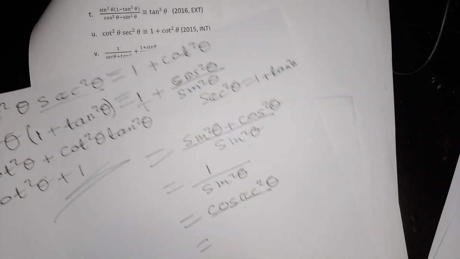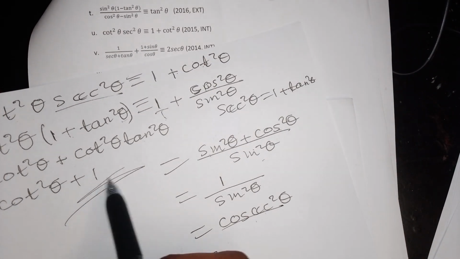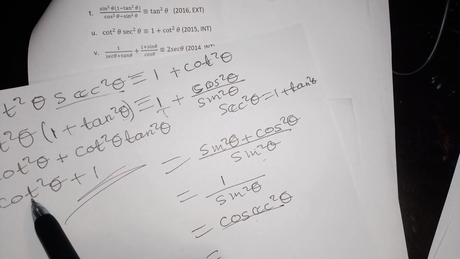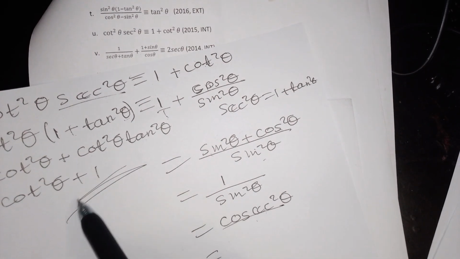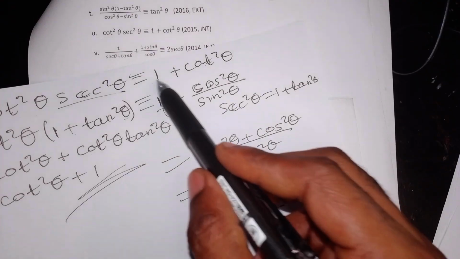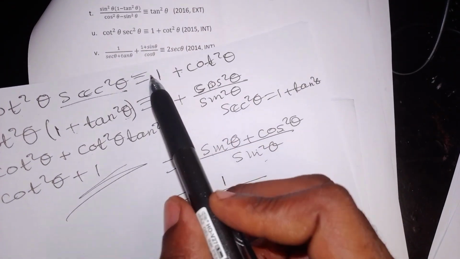But of course you can still work backwards using this. So that means, yeah, it's a bad idea changing this to cot times tan.